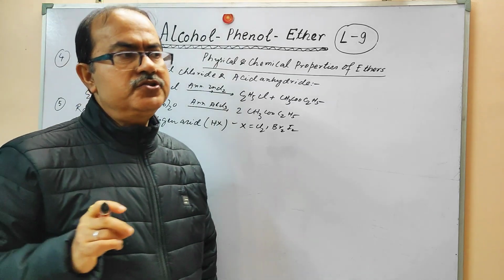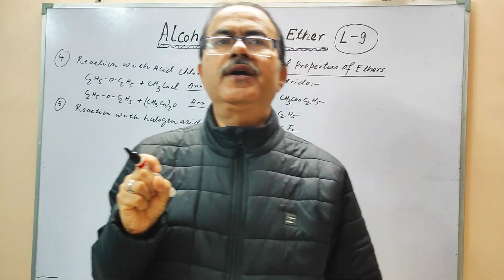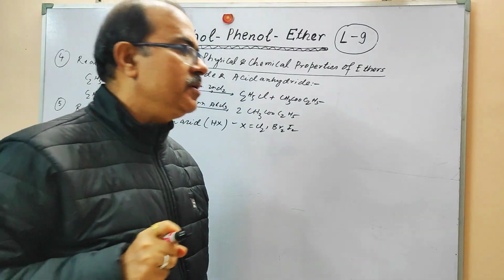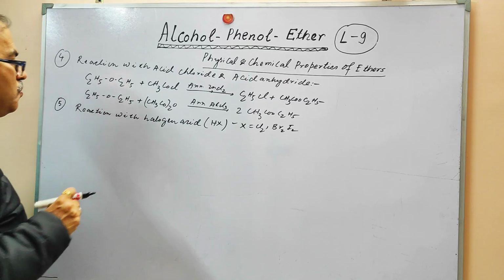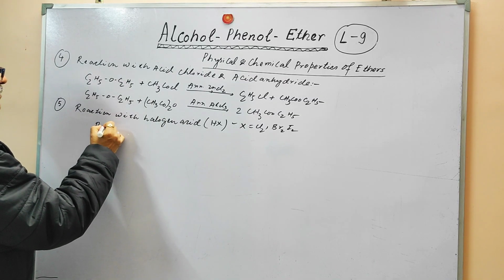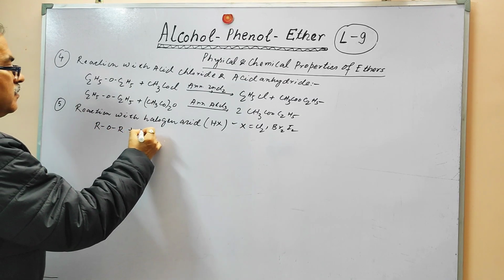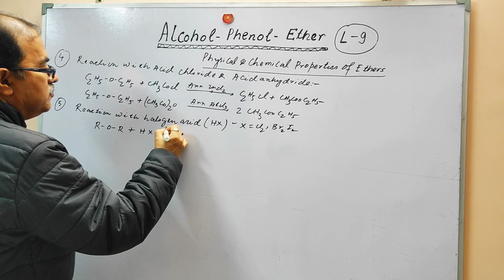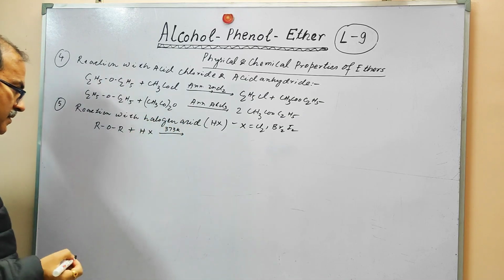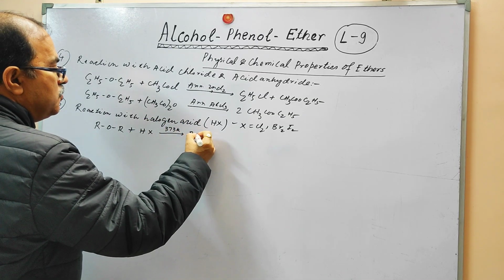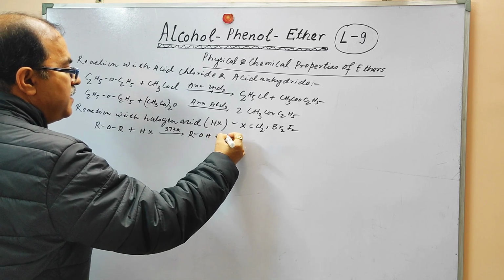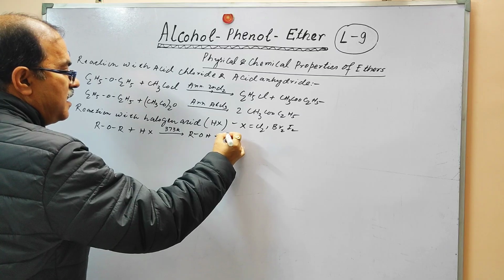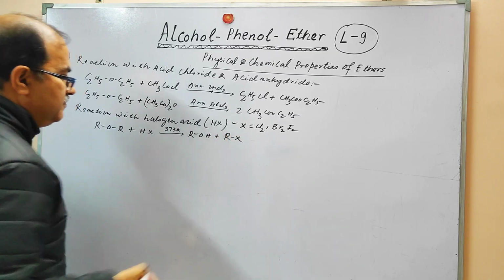The C-O bond is not very active, or we can say it is very strong, so we require some very drastic condition to break it. So the general reaction: this is an ether. When we react with this halogen acid at around 373 Kelvin temperature, it is going to produce alcohol and alkyl halide.